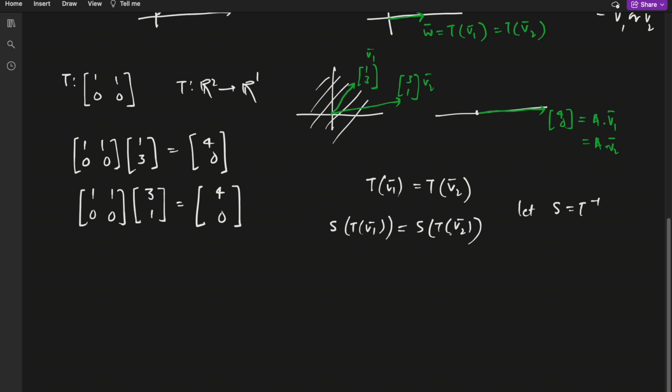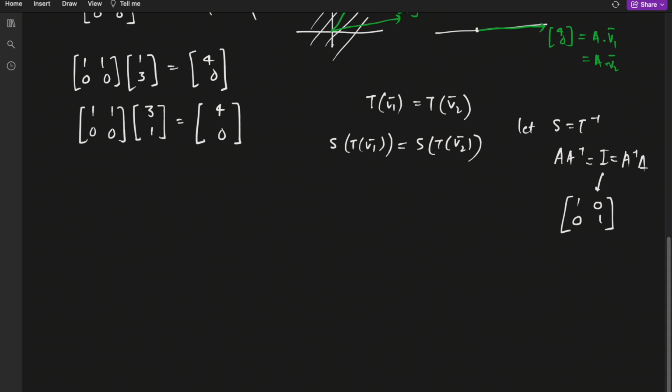because S is the inverse of T, we know one property that A times A inverse is the identity matrix, which is the same as A inverse times A. So if you multiply a matrix with its inverse, you will get the identity matrix. And the identity matrix is like it does nothing. It's just like we have 1 as the multiplicative identity and 0 as the additive identity.